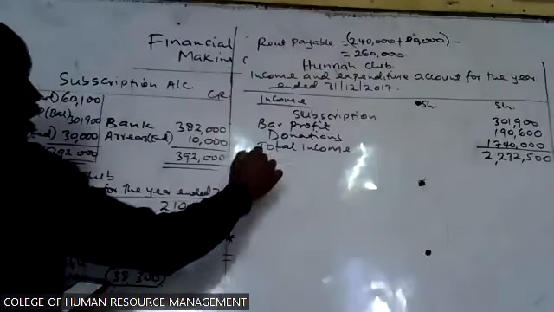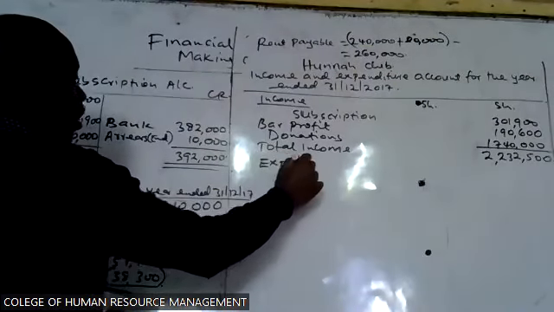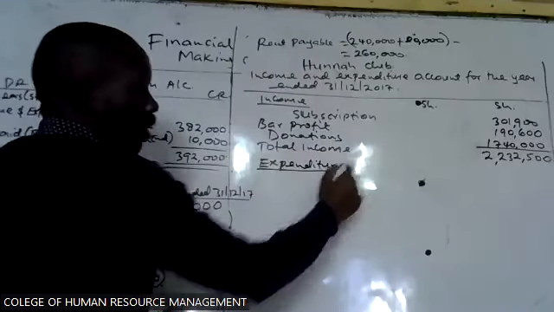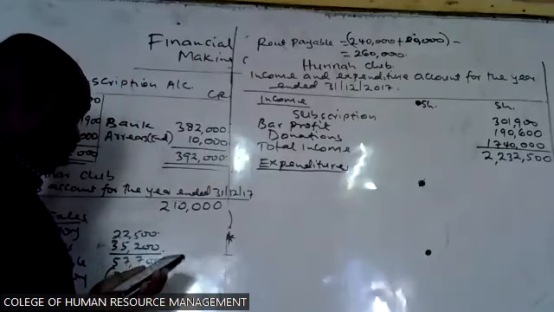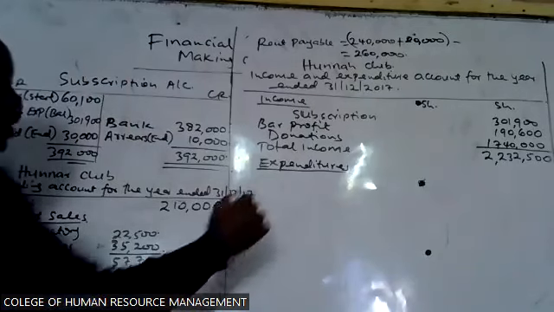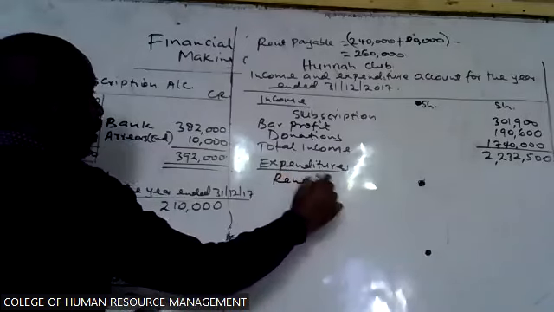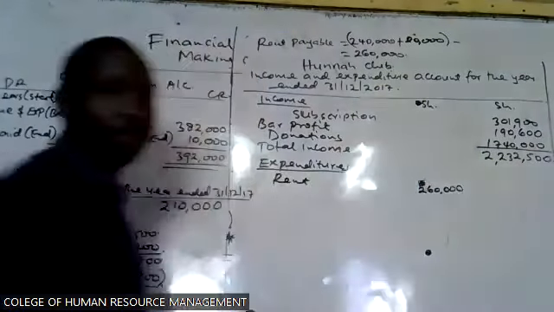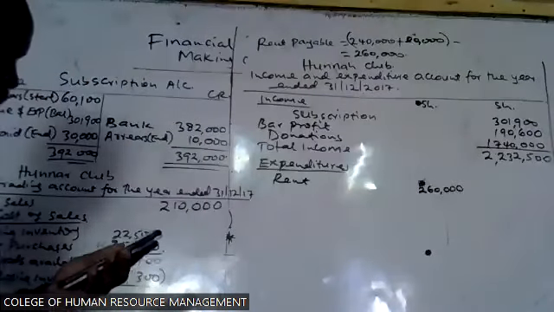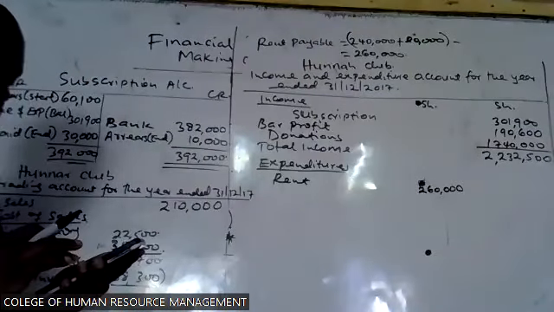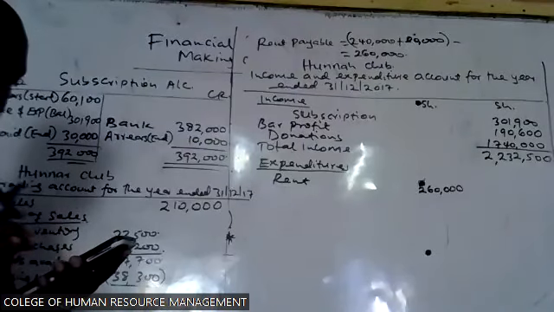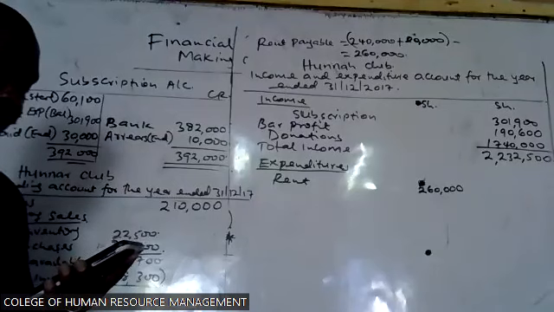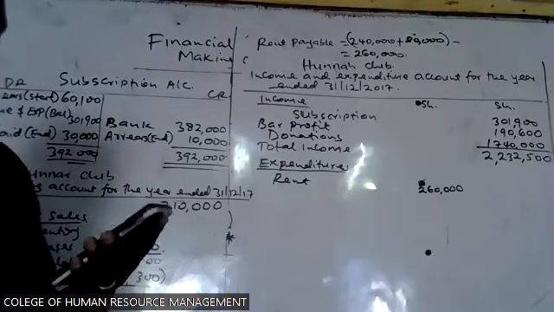Then you will come here and record the expenditure. Expenditures for the year. We have adjusted the figure for rent. You can put here 260,000. Then you go to the payment side. Expenditures are those that were paid, but don't include any expense that is related to bar, because that one has been adjusted.